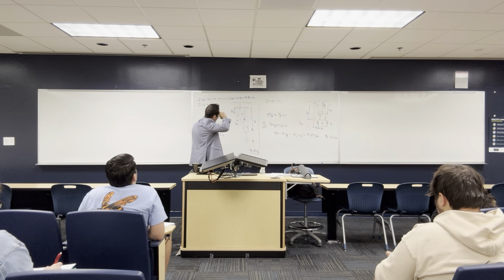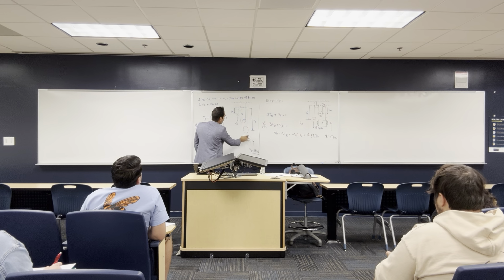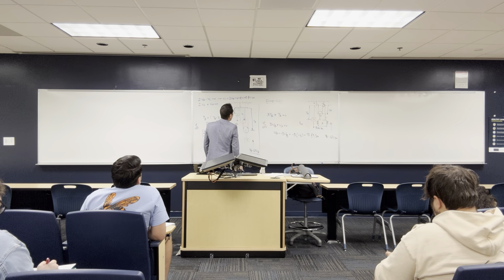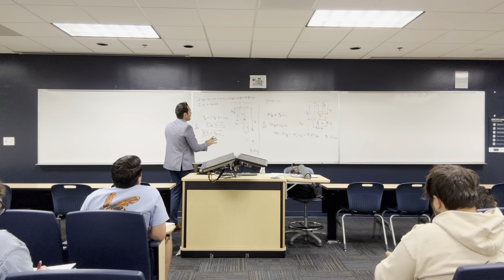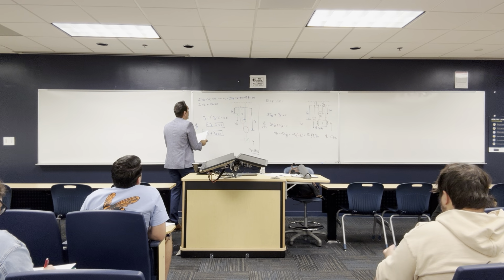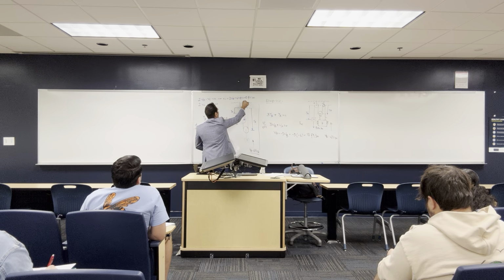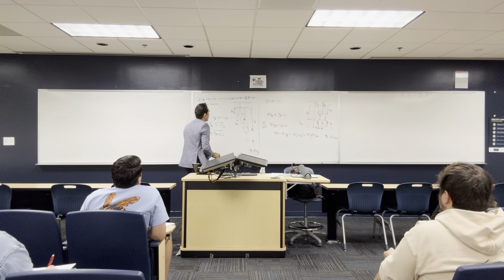Because when I look at this problem, if this is going up, this thing should be going down, so it's going to be positive. It's a little bit tricky, this part. Okay, so this is negative 12 feet per second. No, sorry, it's going to go up because it's negative.